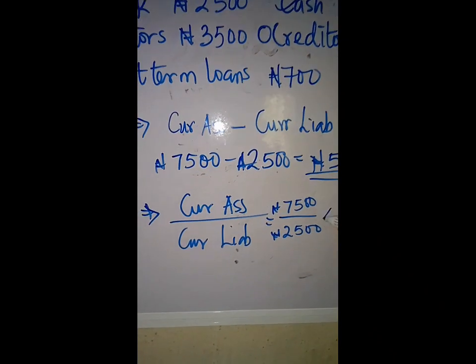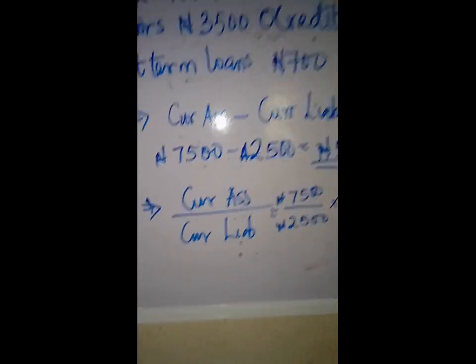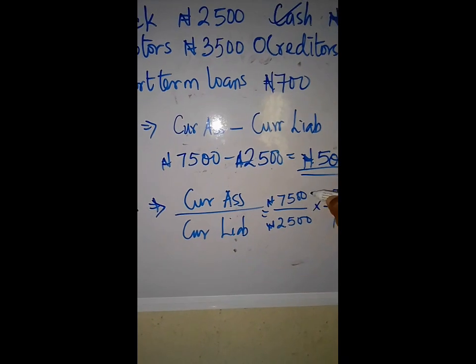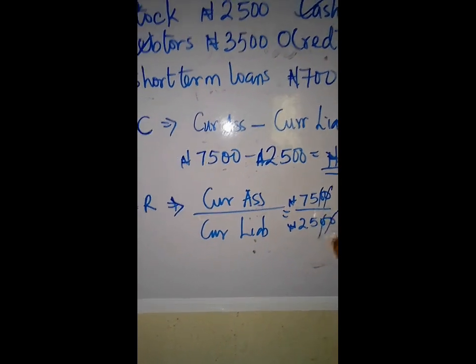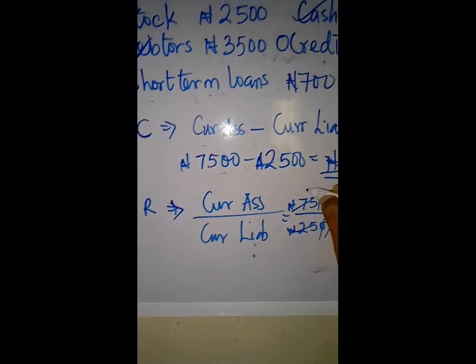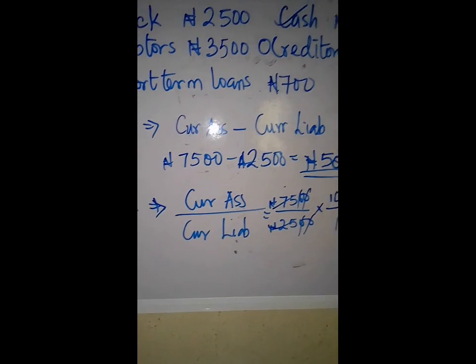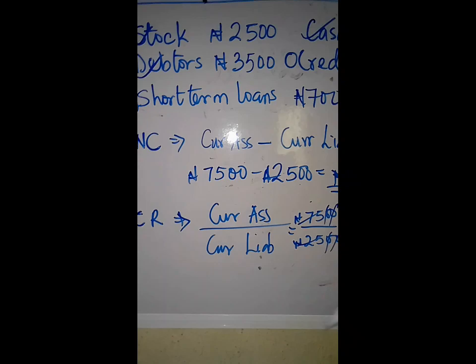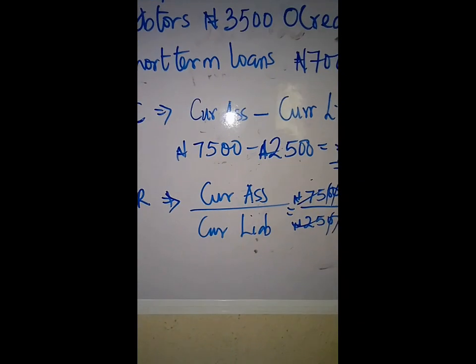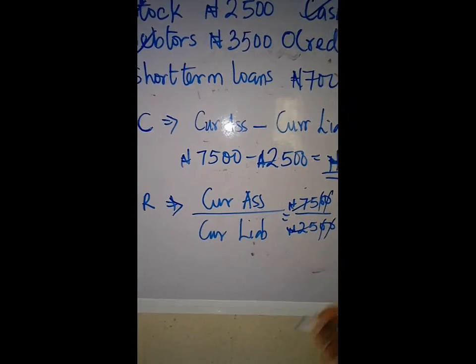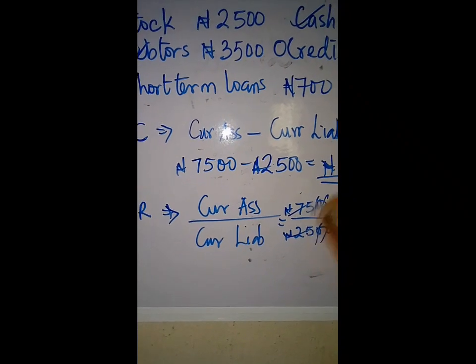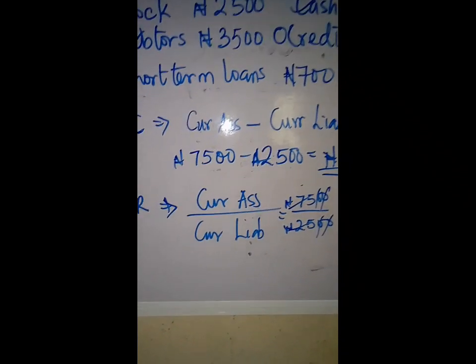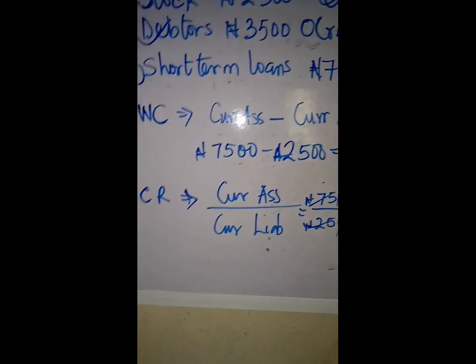Because it's a ratio, times 100 over 1. Please, we don't normally put this, we just go through this. So 25 divides 75, we're going to have 3. So this is the ratio.